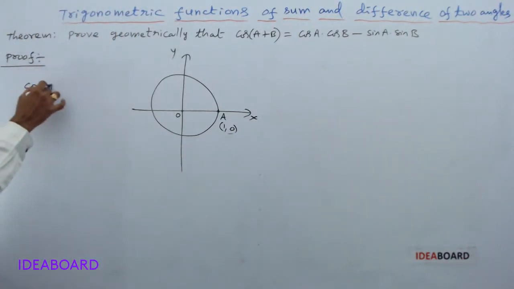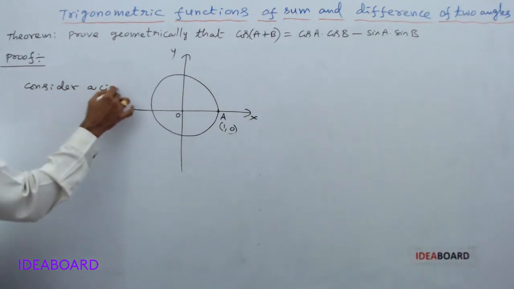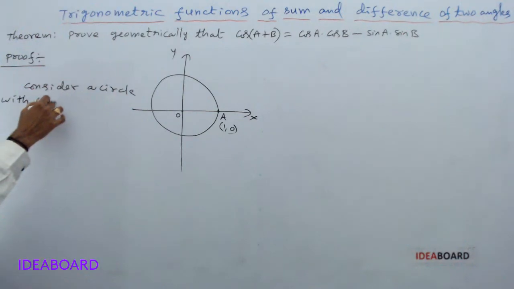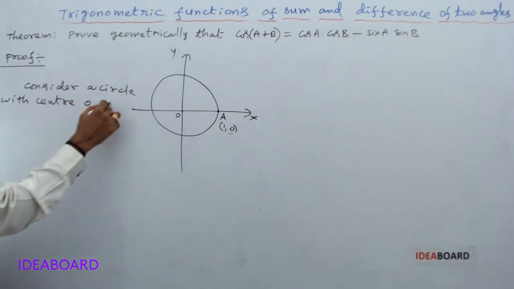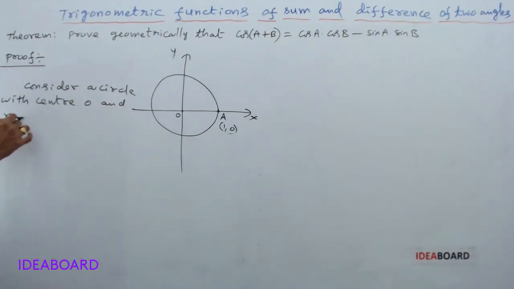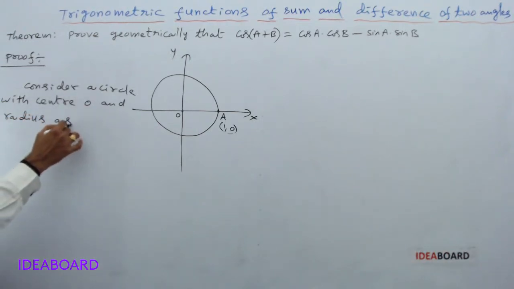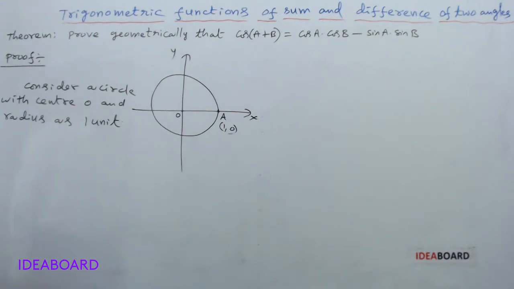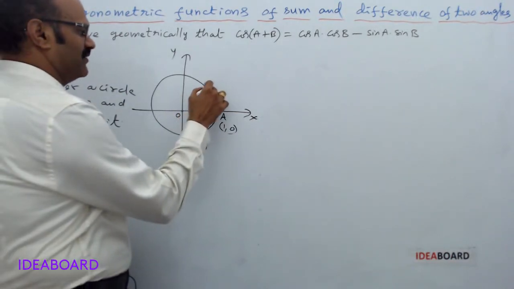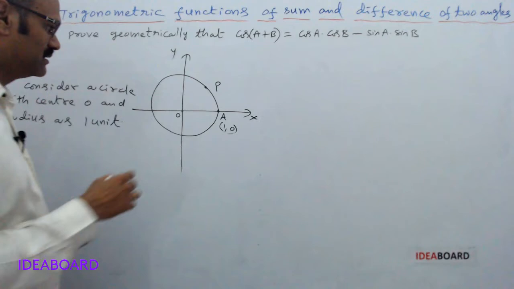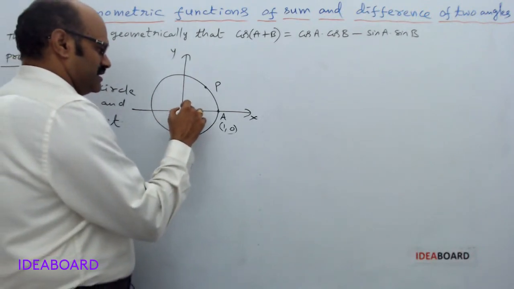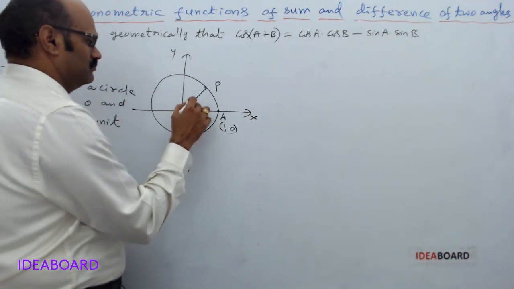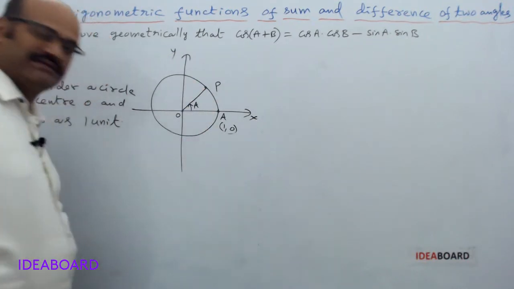Consider a circle with center O and radius 1 unit. Let P be any point on the circumference of the circle such that angle AOP equals A radians.